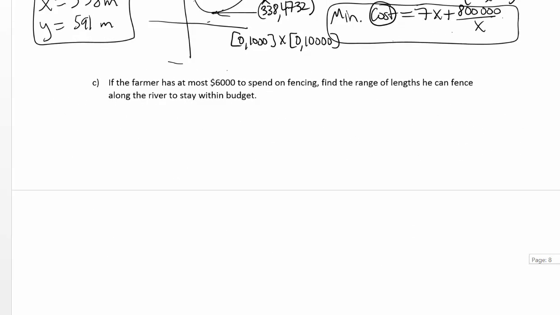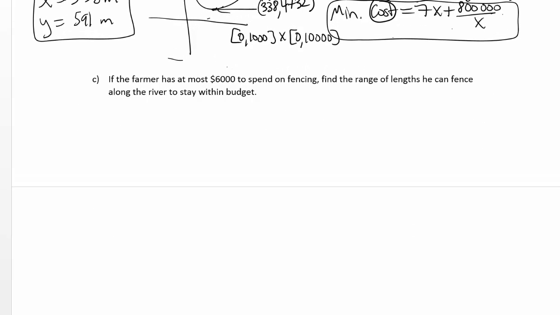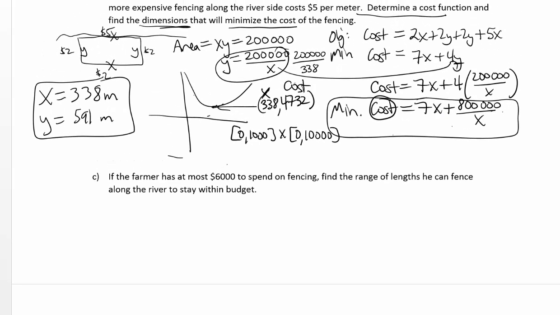So we are going to use the same cost function that we had before, and this time around we want to stay under $600 or $6,000. We have that much money to spend. So what's the biggest amount of fencing that we can use, the biggest field we could fence in and still stay within budget? To figure that out, it's kind of like our volume of our box problem that we did earlier in this lecture.